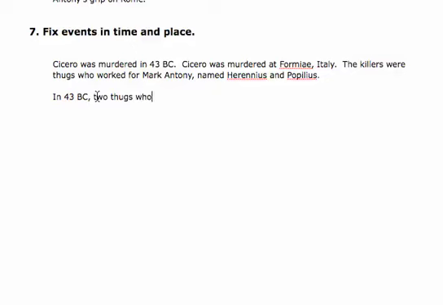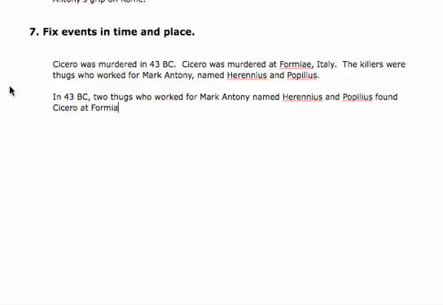Two thugs who worked for Mark Antony, named Herennius and Popilius, found Cicero at Formiae in Italy and killed him.